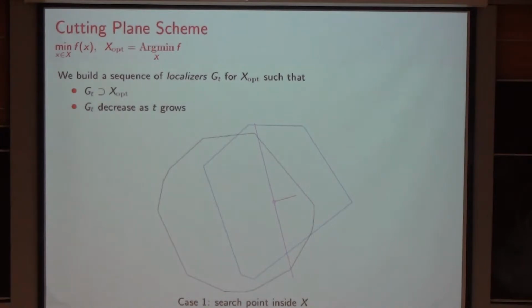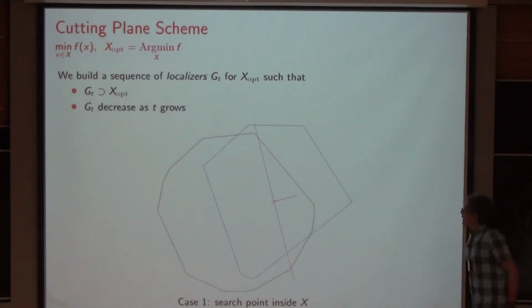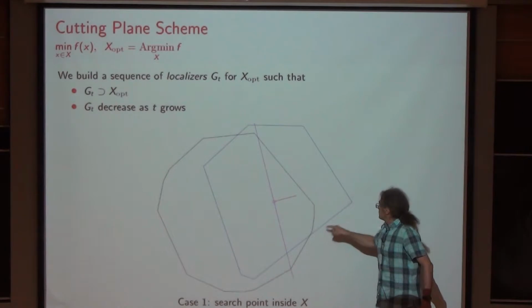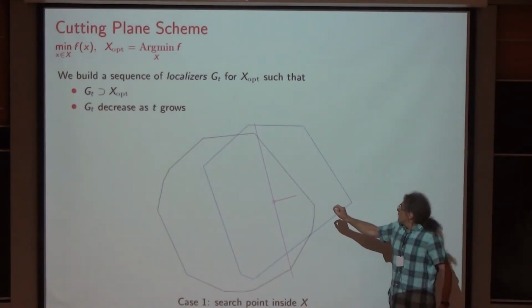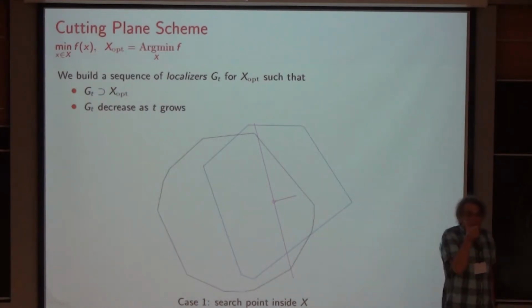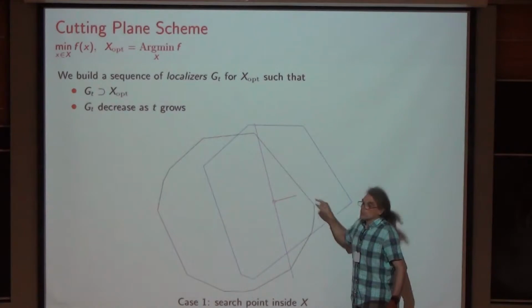Now, how can we generalize the idea of bisection to the multidimensional situation? This is what is called the Khachiyan cutting plane scheme. Imagine we have our feasible set, which is the black set, and we have our current localizer, which is the blue set. At some point of the localizer, if we are in the feasible set, we will measure the gradient. Imagine that in this situation the gradient points in this direction.